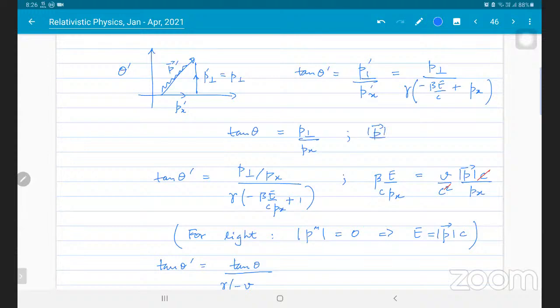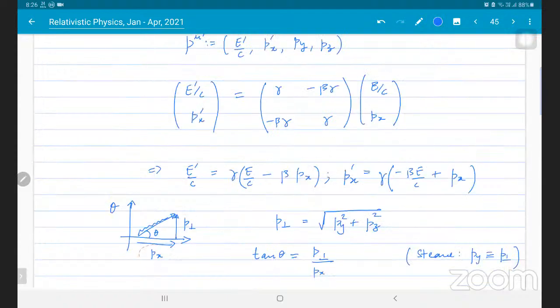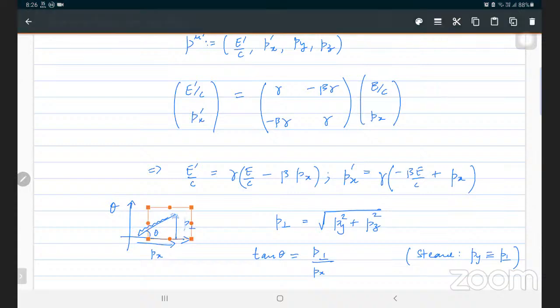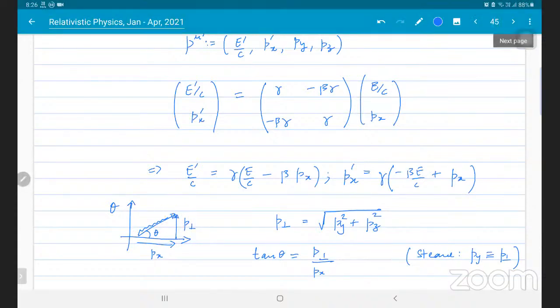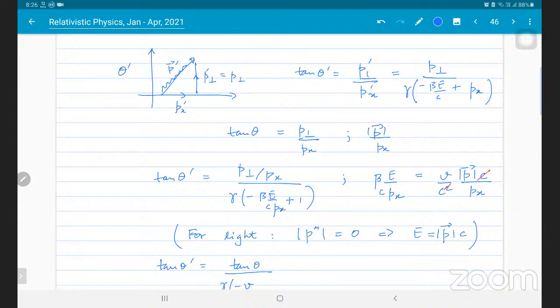The length of vector P divided by Px. So you can see what this quantity is: it is the base divided by the length of the vector, right? So maybe it's better to write like this: Px by P is equal to cosine theta.